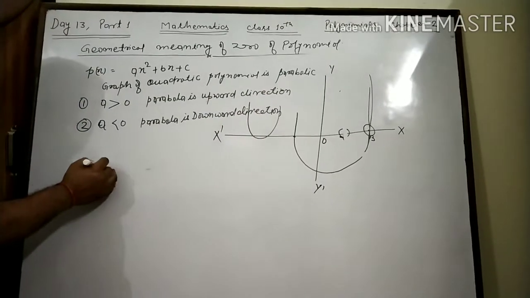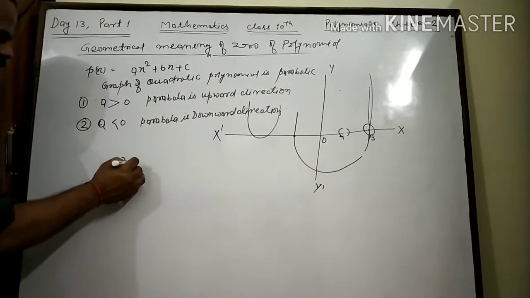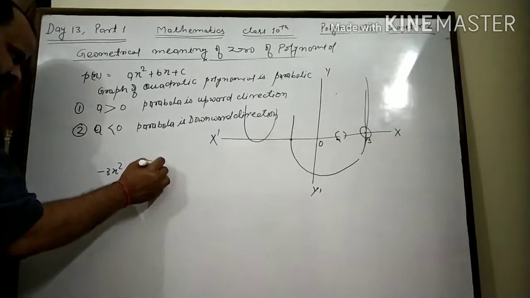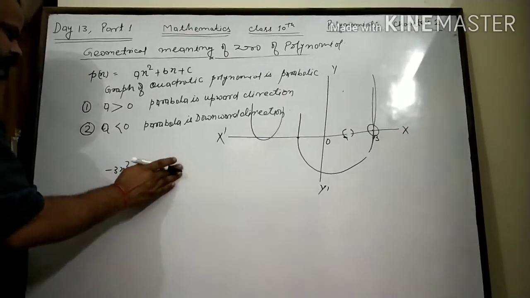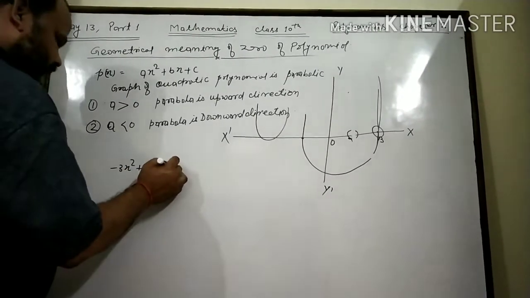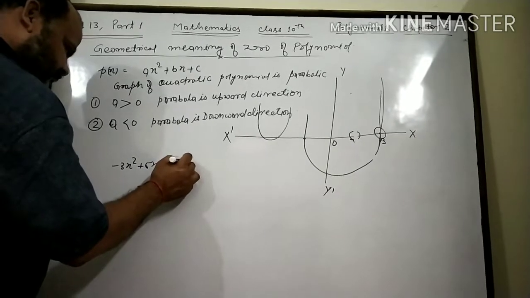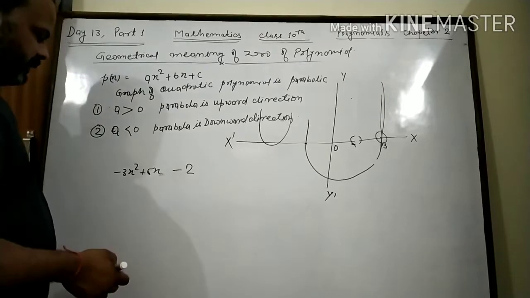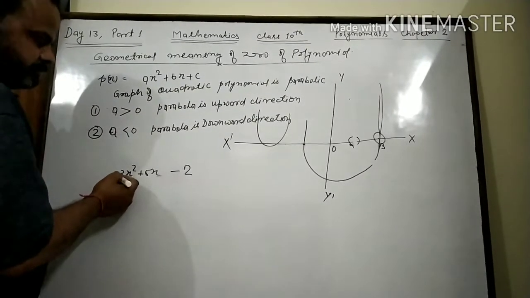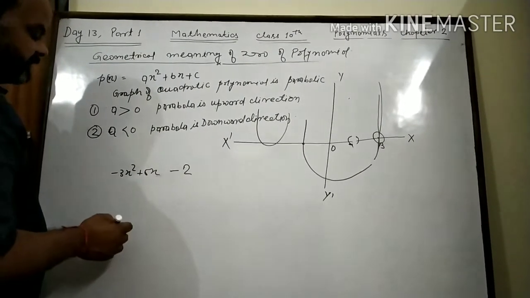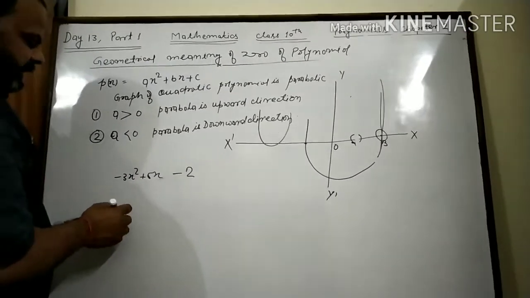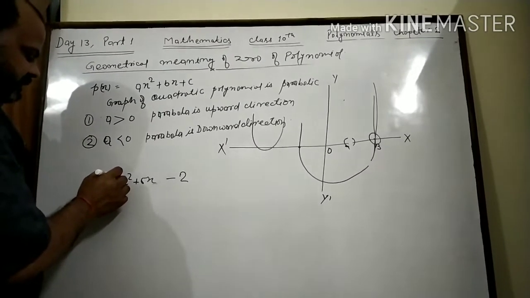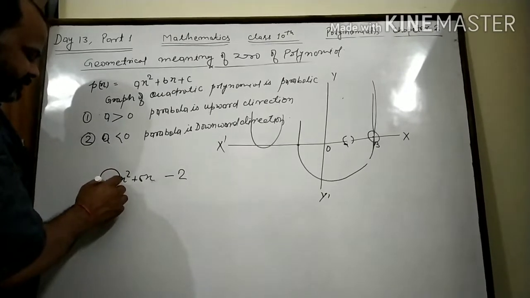Suppose minus 3x square plus 5x minus 2 is a quadratic equation. Clear? Then its graph is parabolic and it depends on the coefficient of x square.